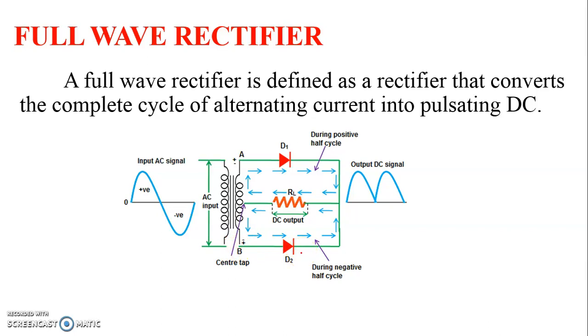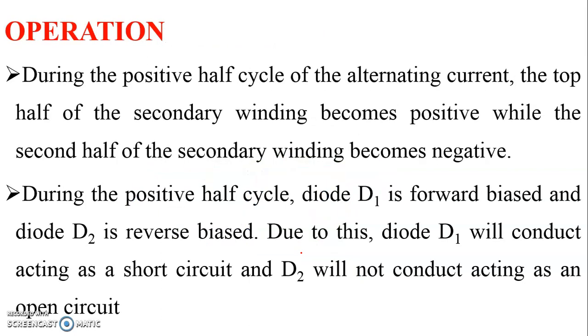Next we are going to see the operation of the full wave rectifier. We give the input AC supply to the transformer. An AC signal has both positive and negative half cycles.